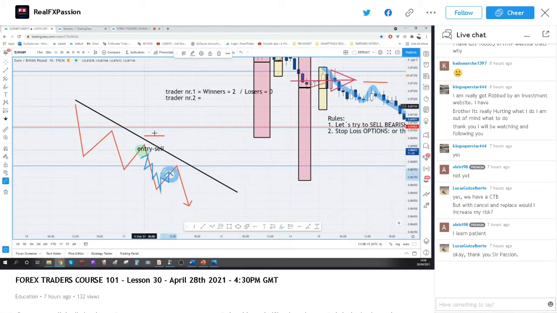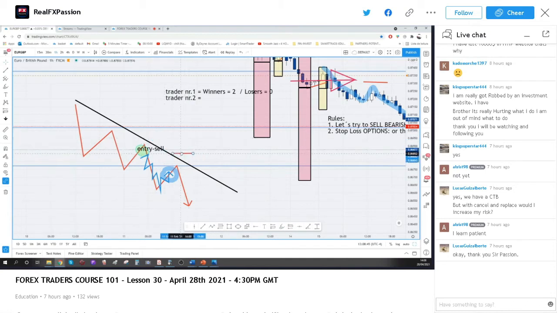Now, in between, I need to manage my trade. So what would be trade management number 1? I'm going to move my stop loss according to the downtrend line. Make sense? What is the logic behind it? Until the market stays below the downtrend line, I should be safe. I mean, this is common sense, not that difficult, right?